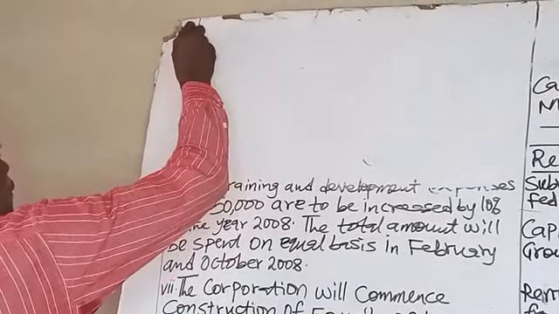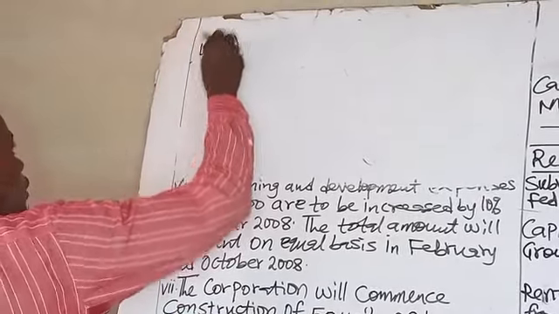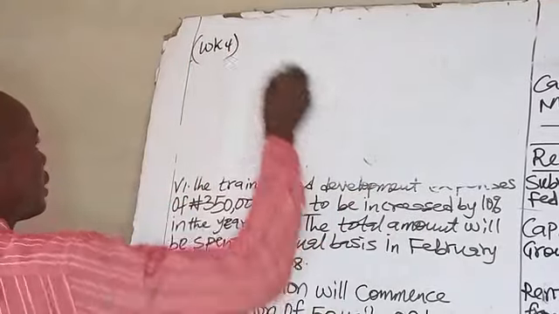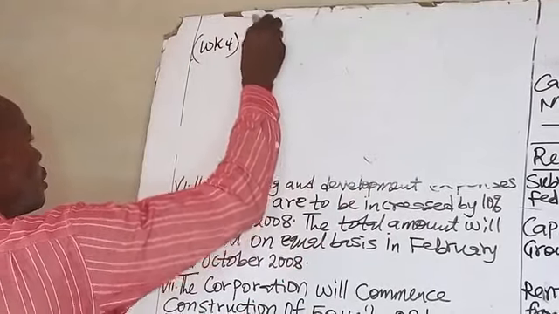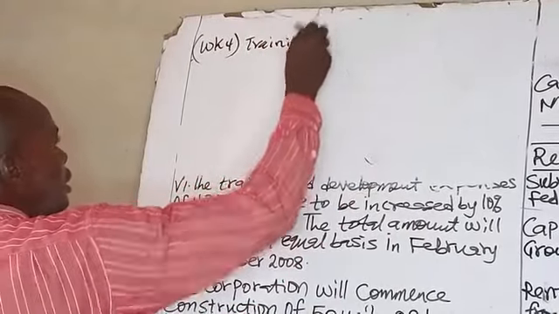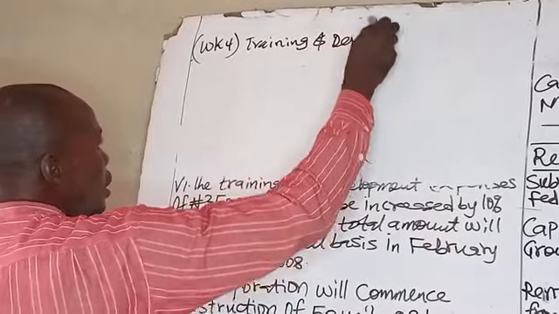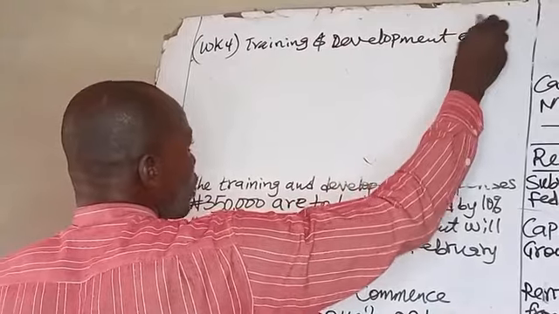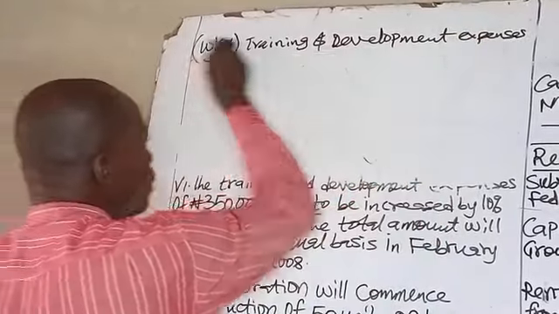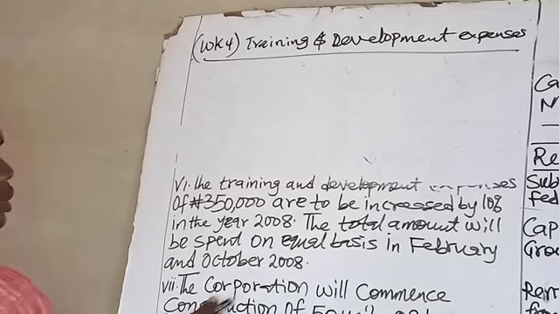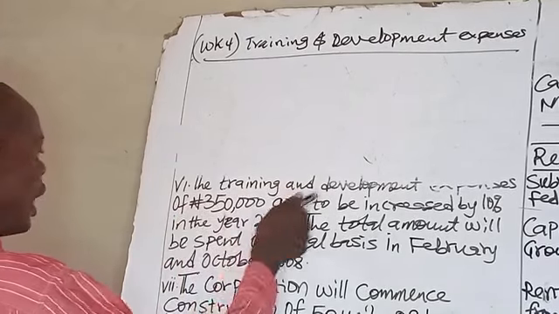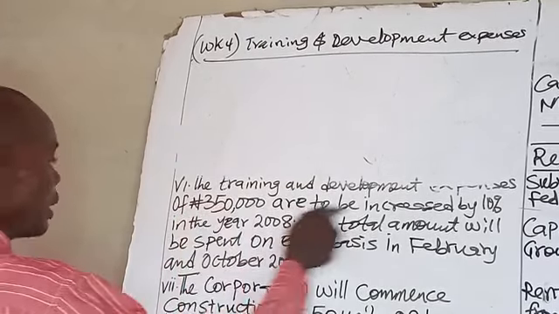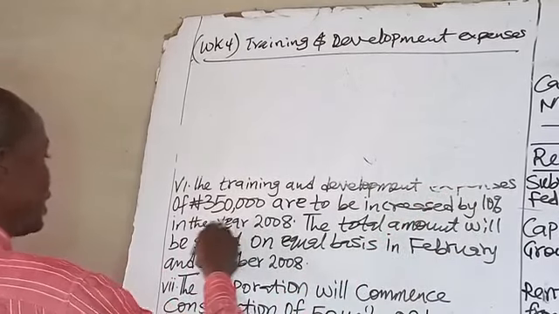Working 4. Training and development expenses. You were told the development expenses of 350,000 are to be increased by 10% in year 2008.